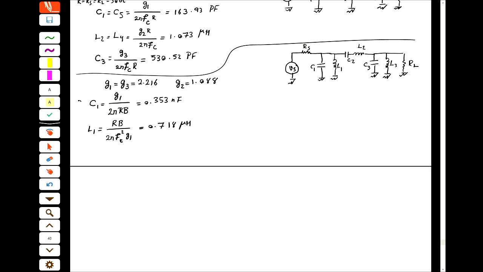And actually this is equal to C3, and this is equal to L3 as well.